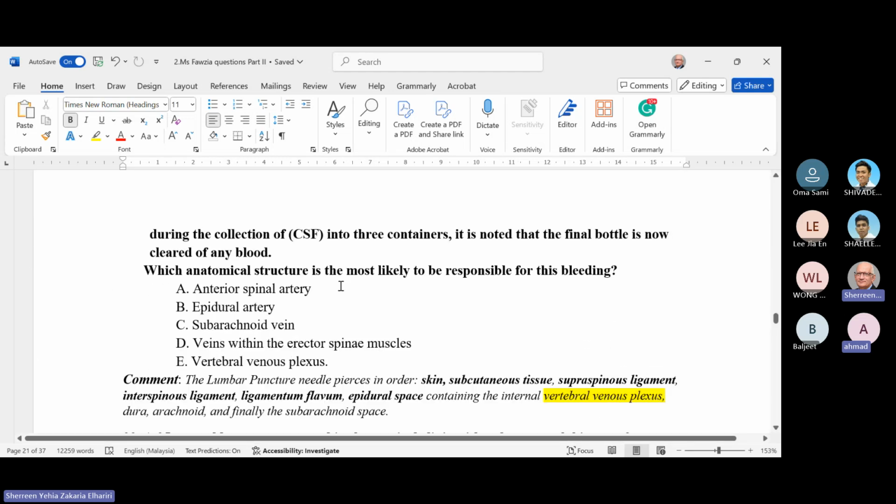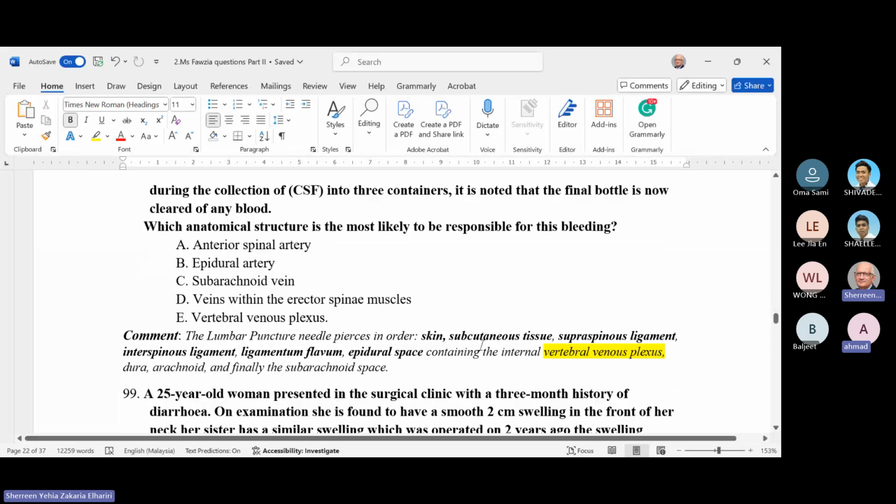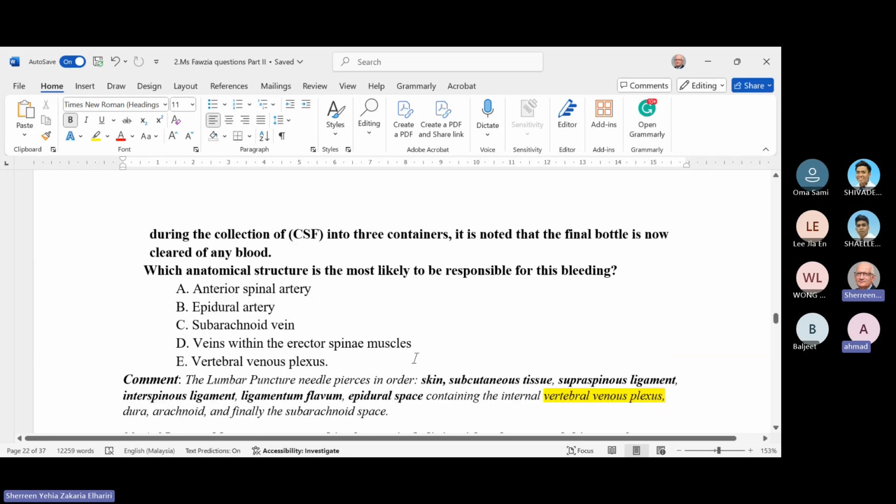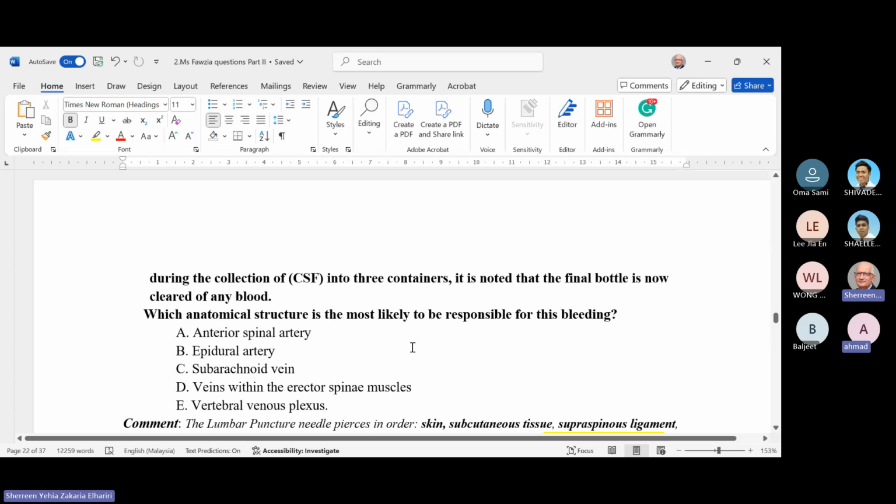However, during the collection of CSF into the 3 containers, you notice the final bottle is now clear of any blood. What is the anatomical structure responsible for the bleeding? Of course, you remember that in a lumbar puncture you pass skin, subcutaneous tissue, supraspinous ligament, interspinous ligament, ligamentum flavum, and the epidural space, which contains a plexus of veins.